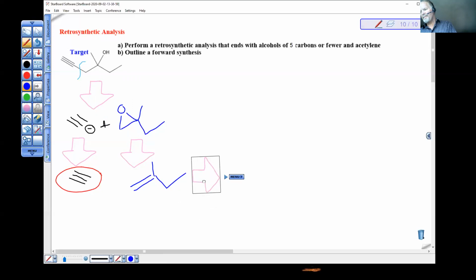Look at that. You have two choices here. You could have the alcohol here and do a dehydration to make this, or the alcohol here to do a dehydration and make this. If I was a pickier instructor, I'd prefer to use the alcohol here because the dehydration of a tertiary alcohol is a lot faster than that of a primary.